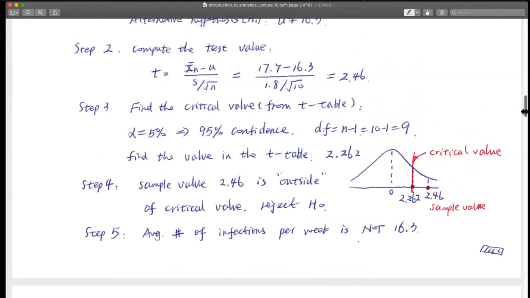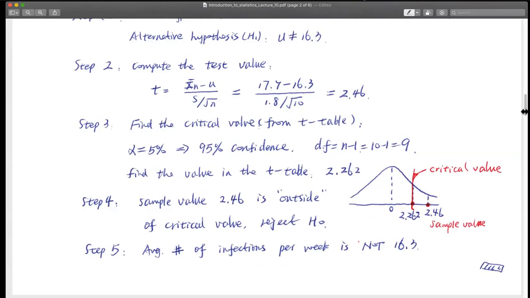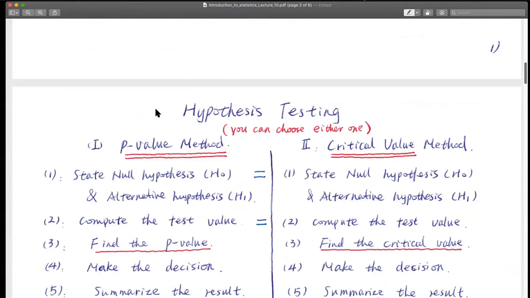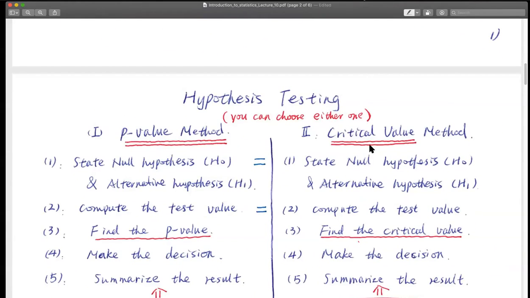Any questions? Everybody, we covered a lot tonight. I'm thinking you probably need some time to digest and understand that. I understand that once I introduce these two methods, the p-value method and the critical value method, you definitely have some questions.